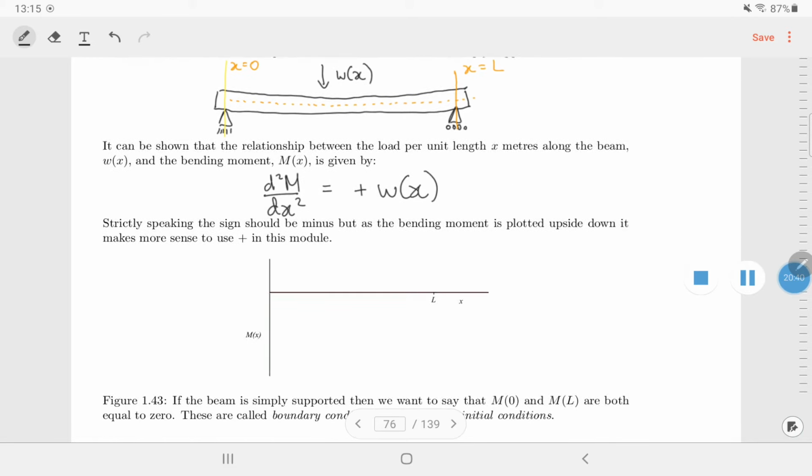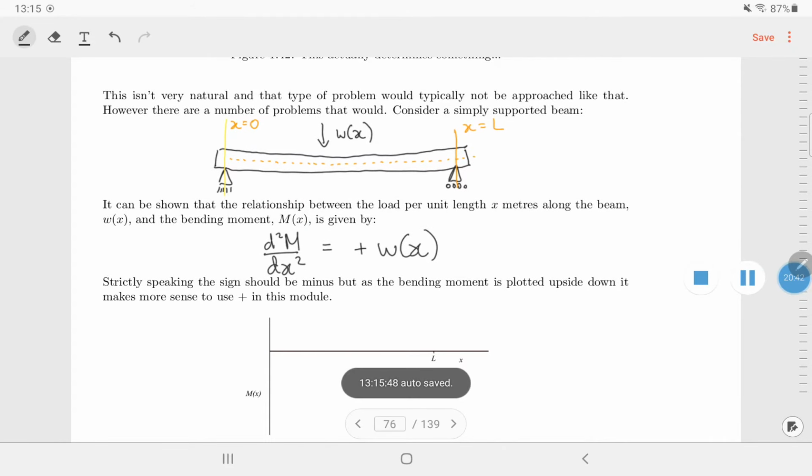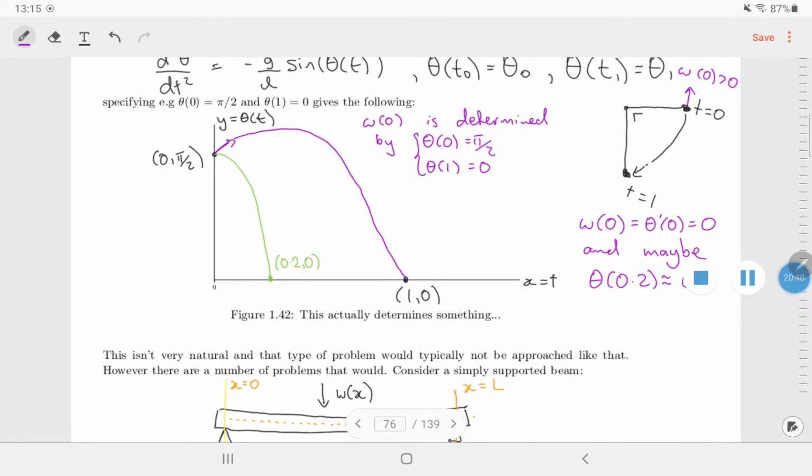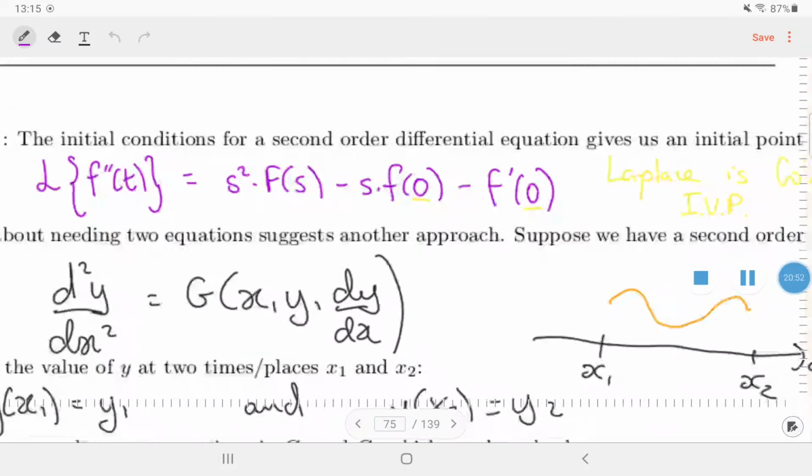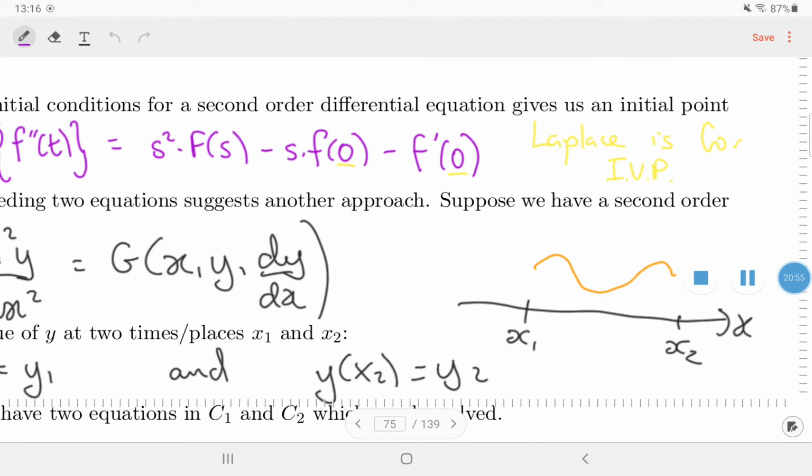Now if the beam is simply supported, then we have two conditions. Remember we said that if you have a boundary value problem, you're only interested in the values between 2 points. It can be more general than that, because it could be in 2 dimensions, on a square, but there is a boundary.